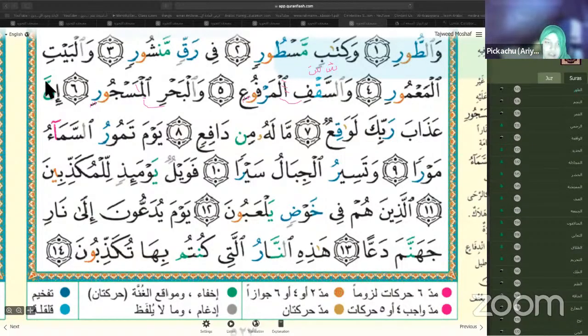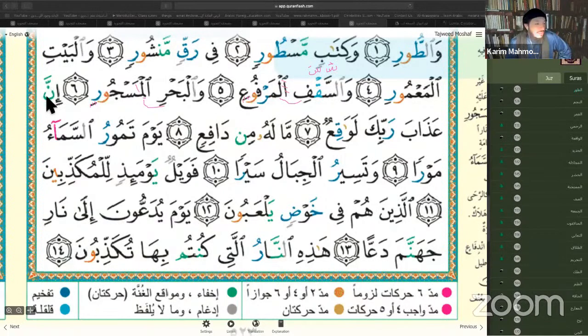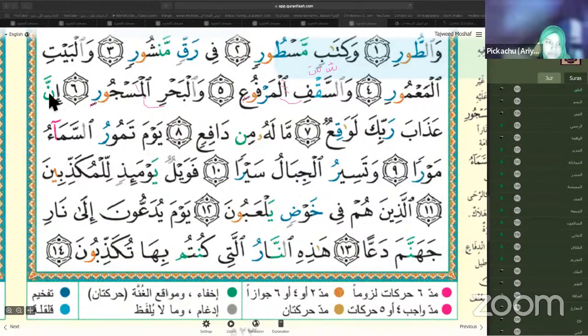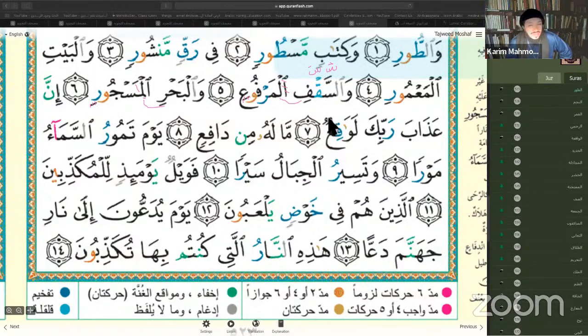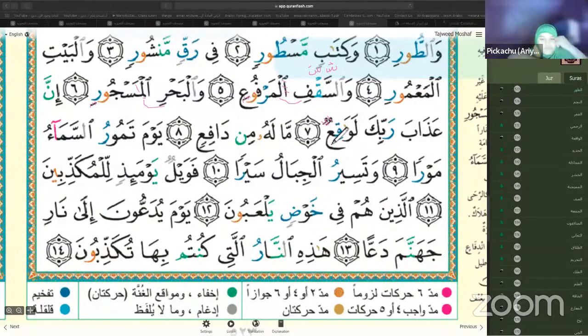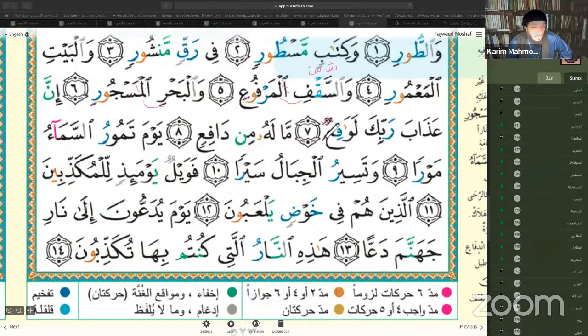This has a shadda here, because you're supposed to stretch that. Inna. We're not going to say the waqi'u. We took it off. We're stopping at the end of the ayah. We say la waqi'.